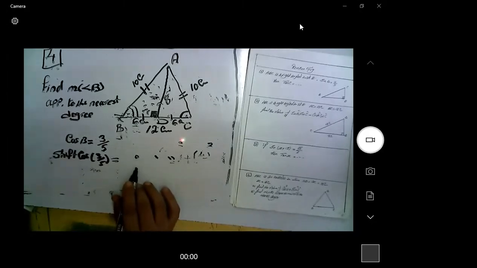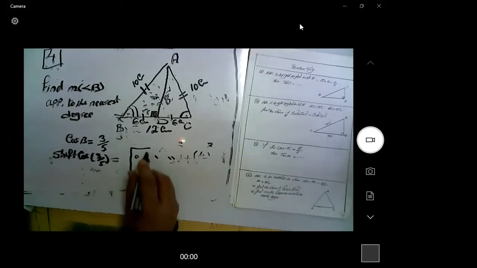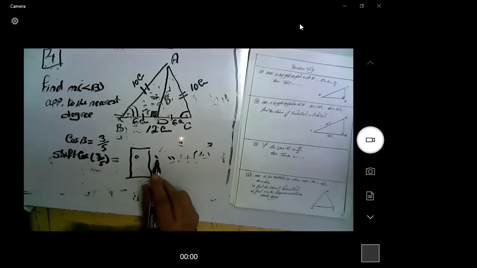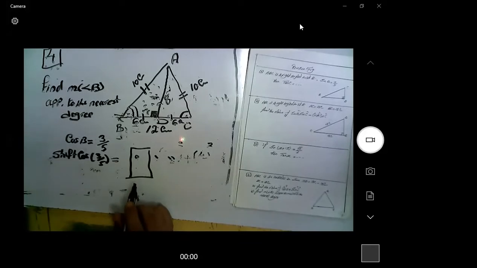The question is to get the measure of the angle approximated to the nearest degree, so we need the degrees and we don't need minutes and seconds, okay?